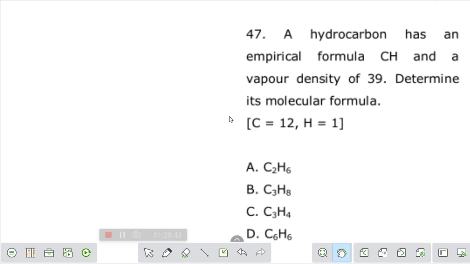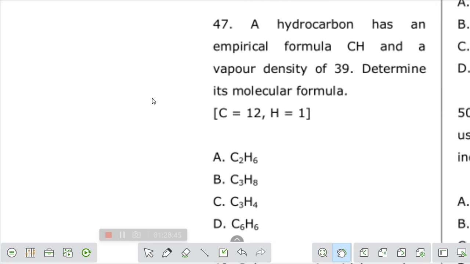Hydrolysis rather. So a hydrocarbon has an empirical formula of CH. So I told you, if the empirical formula is CH, they now said it has a vapor density of 39. Now this is the logic. I told you when I was teaching you empirical and molecular formula that your empirical formula times n will be your molecular formula, right?